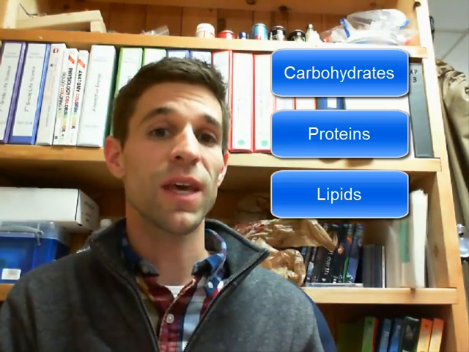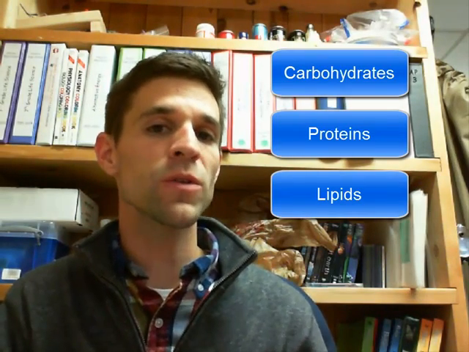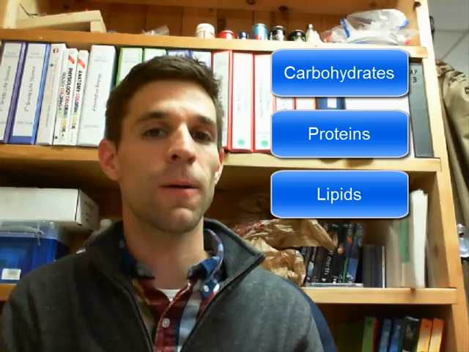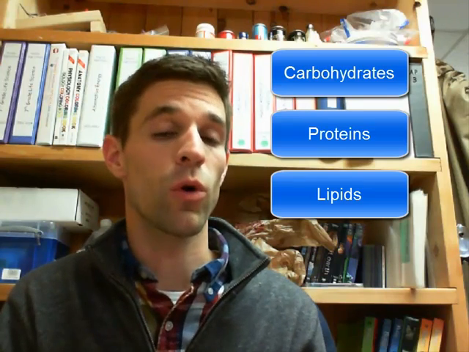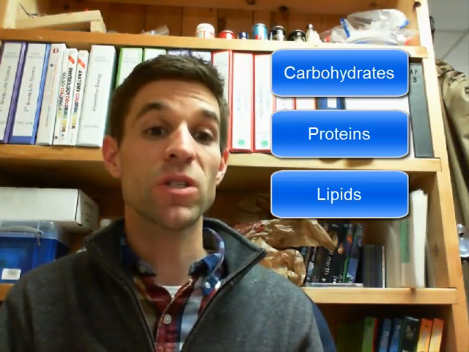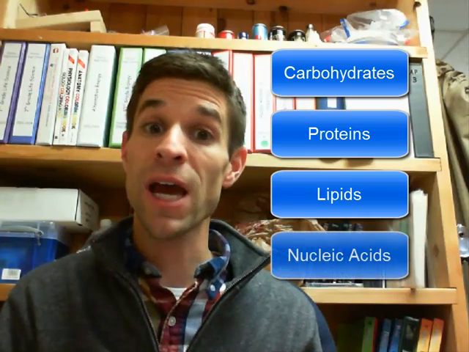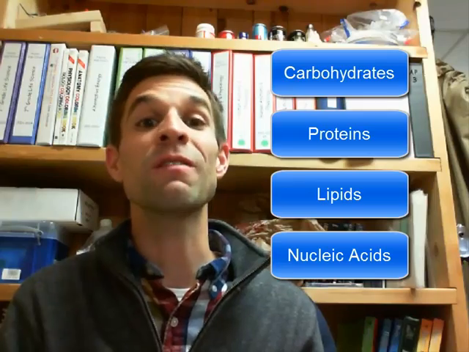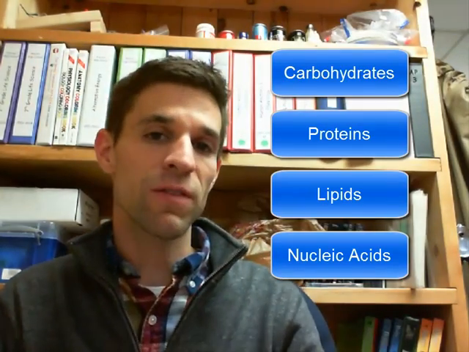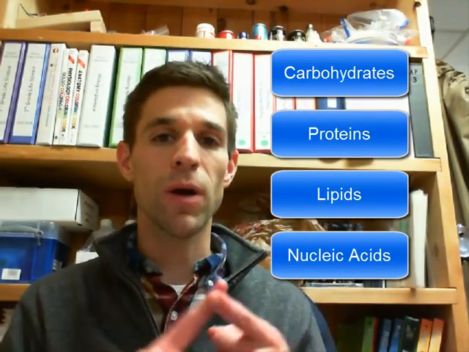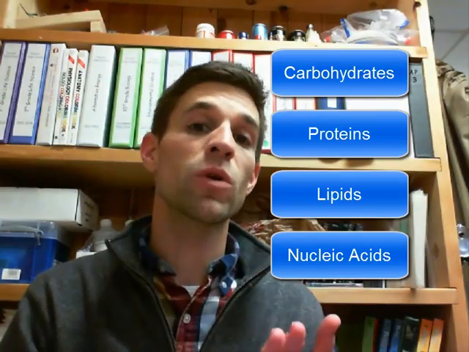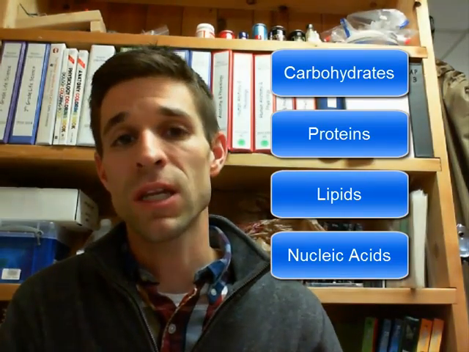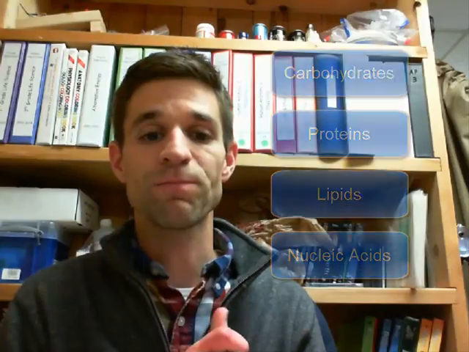They can act as fat or as oils, and can have different functions, whether they are a fat or an oil. And then we talked about nucleic acids, which are things like DNA and RNA, and those are the information molecules that all living cells must have. So between the carbohydrates, the proteins, the lipids, and the nucleic acids, a cell has everything that it needs to live its life.